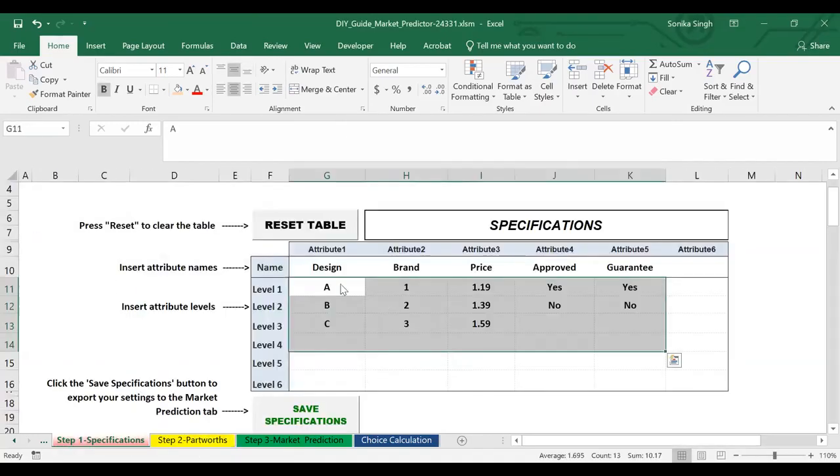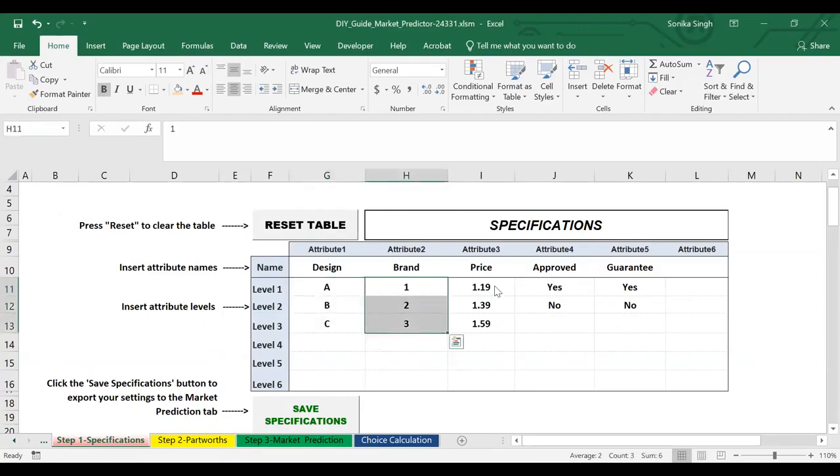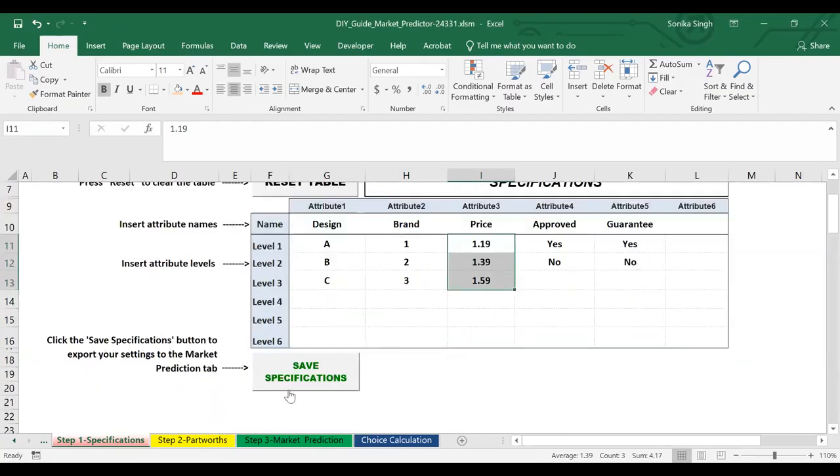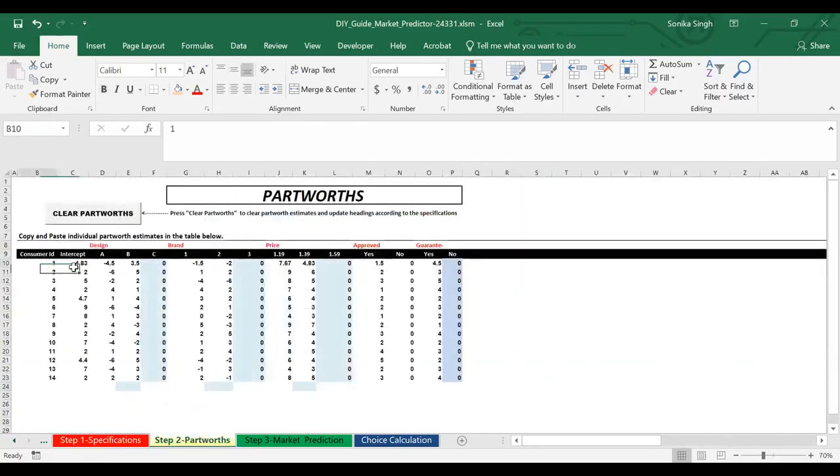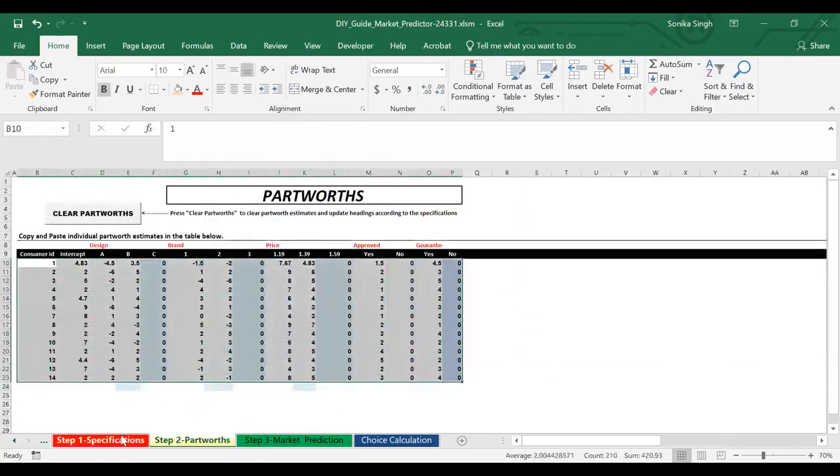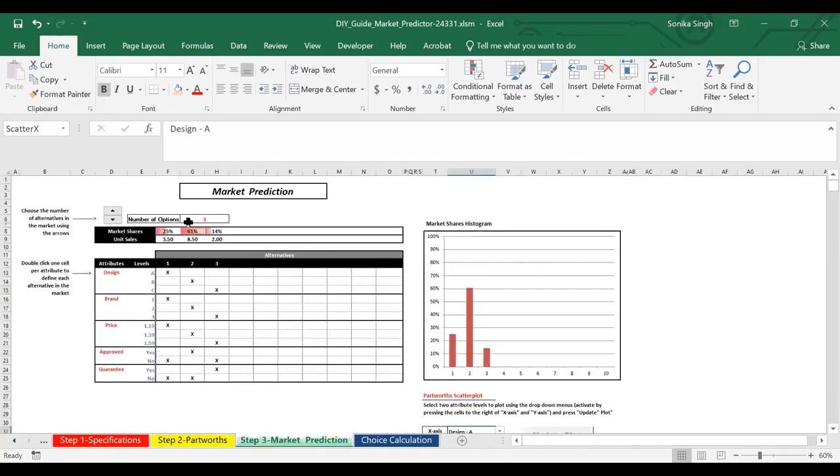For example, in this first sheet, you can enter your design. There were 3 brands, 3 levels of price, etc. This is the information you have entered. Click on Save Specification, then click on Part Worths for all the 14 consumers. Once you do that, in the third sheet, it will automatically calculate the market prediction for you.